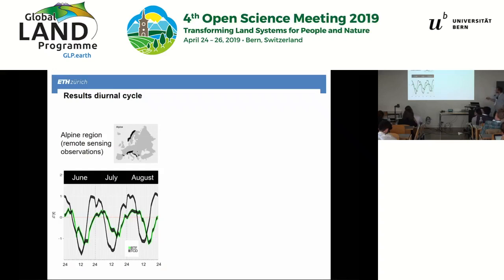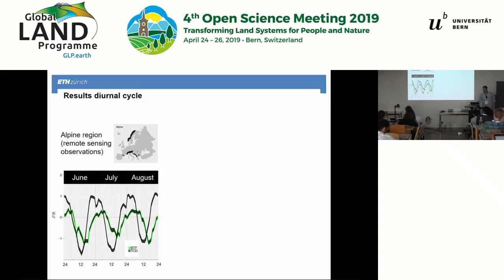What is interesting is that the cooling effect of increasing tree cover density is strongest at around noon, whereas the cooling effect of replacing needleleaf trees by broadleaf trees seems to be particularly important in the afternoon and in the evenings.